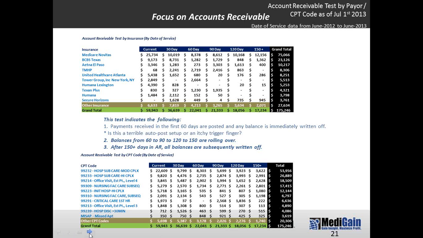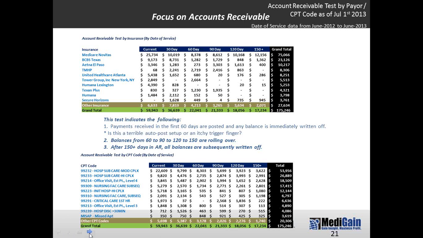If that number is not decreasing sharply between current and 120, then where does the rollover begin? So rollover in my definition is pretty easily shown in the 60, 90, and 120-day bucket grand totals down there. Statistically, it's roughly equal, which means if this snapshot was from June, and I took the same snapshot in July and the same snapshot in August, my 60-day number from June would become my 90-day number in July, and then again my 120-day number in August.